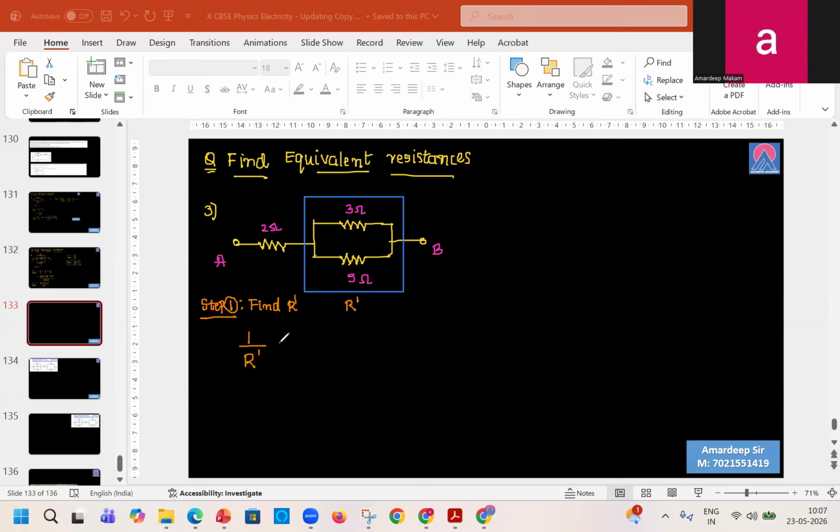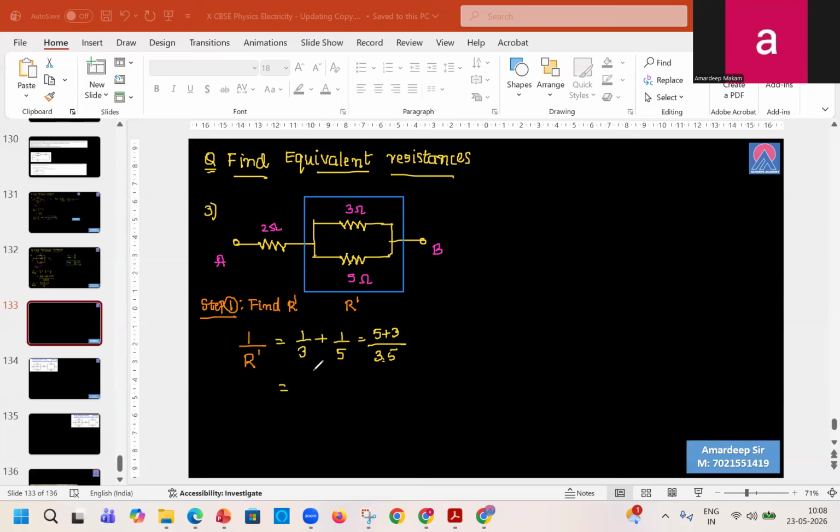Okay. And how will you find R dash? It is 3 ohms and 5 ohms in parallel. So very simple. So we'll write 1 upon 3 plus 1 upon 5. You'll take the LCM of it, that is 5 plus 3. You can use the direct formula also. If you use the direct formula, then you'll directly write product divided by sum.